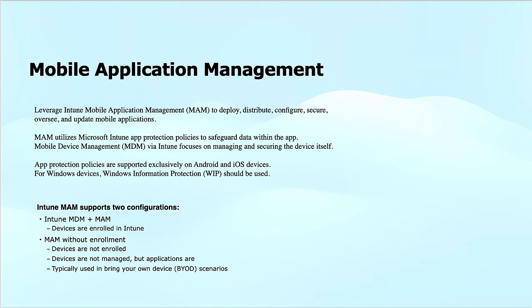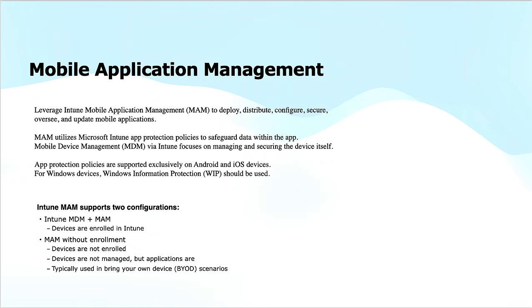Mobile device management is another capability of Intune that is used for whole device management or configuration management of a device. It focuses on managing and protecting the entire device, including the security settings, applications, and features that we have seen in the previous module and the demonstrations.